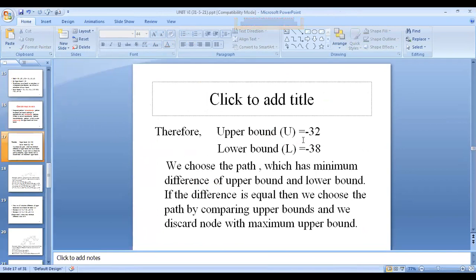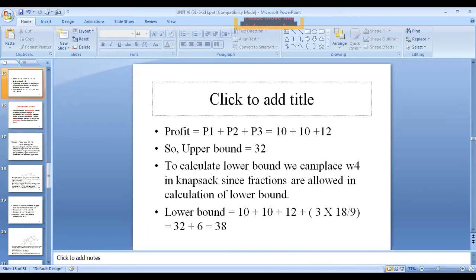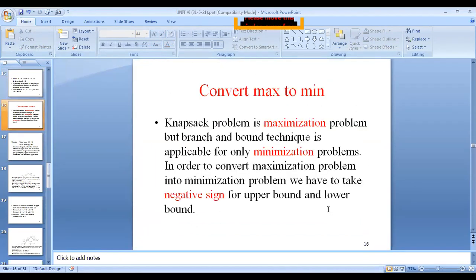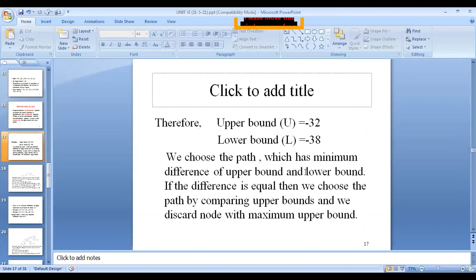Now therefore the upper bound is equal to minus 32 and the lower bound is equal to minus 38. See here, we got 32 and 38, so minus 32 and minus 38.